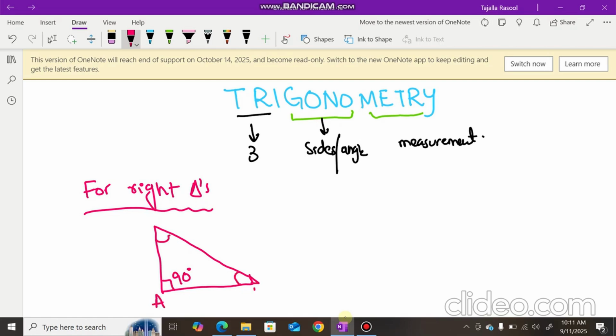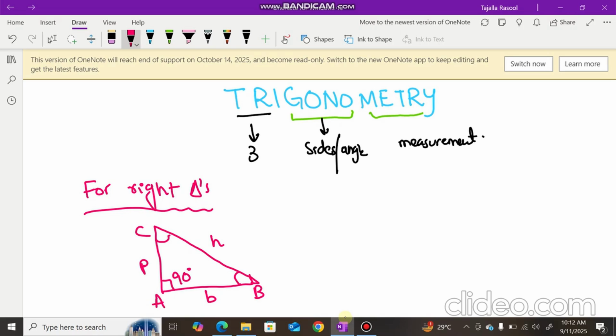This is called triangle ABC, and this is called the right angle triangle. This is called the hypotenuse, this is called the base, and this is called the perpendicular. There is a way to find the one unknown side of the triangle if two of them are known.